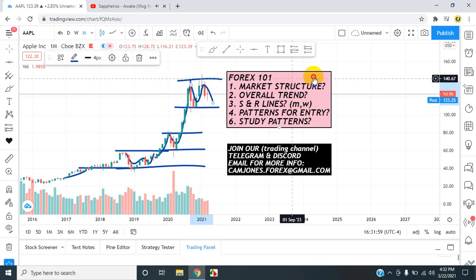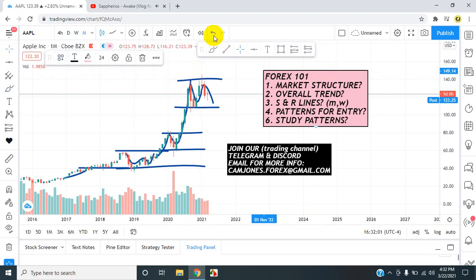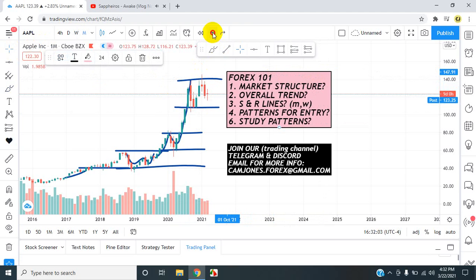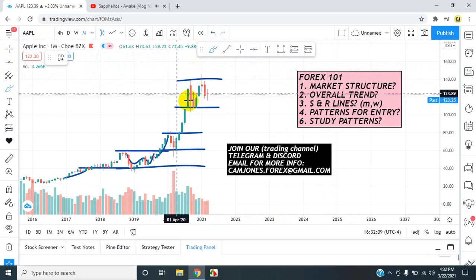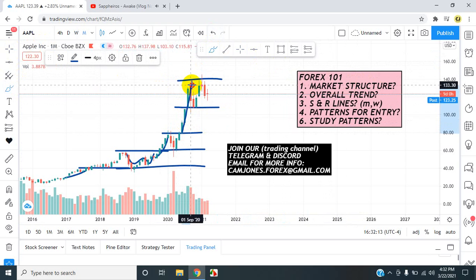We have to wait for the market to break out of this little consolidation phase that it is in, and I'm going to show you a few things that the market can do, as in the market can go into higher highs, and let's say it could be a double top or a double bottom. I'm going to go with the double bottom first because we are in an uptrend.